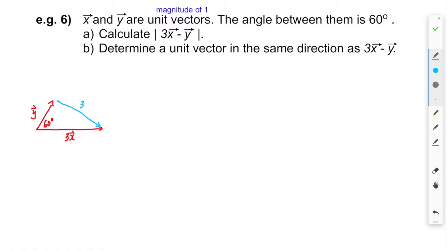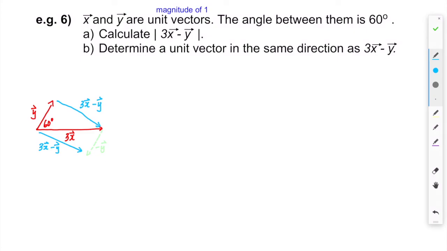This is the vector 3x minus y. Because if you compare that to drawing heads to tails, so minus y would be going this way, and then you will get the exact same vector. It's like a parallelogram.